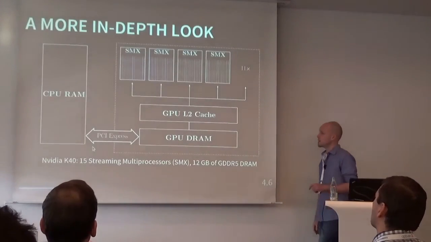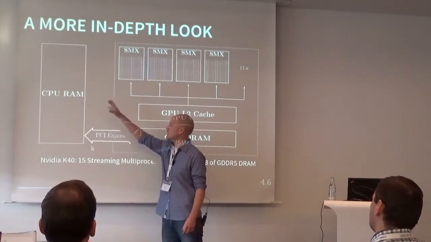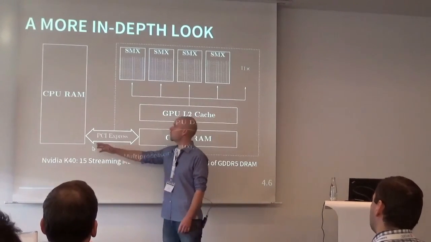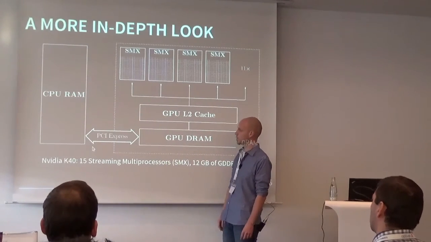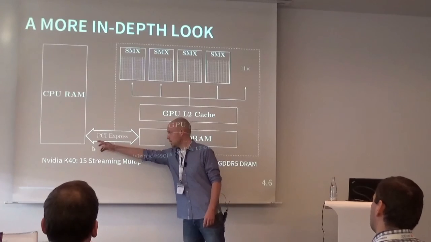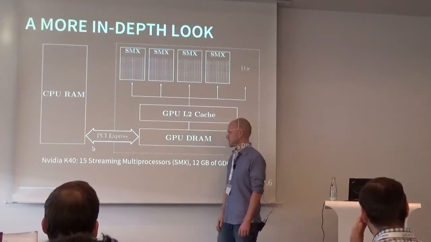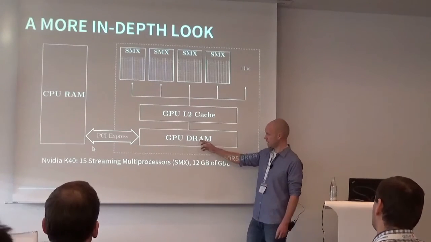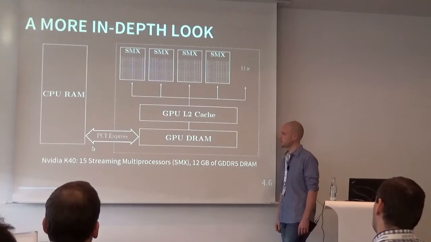All right, so this is how it looks roughly in a sketch. Let's say on the left-hand side, you have CPU land. Somewhere there's memory. And if you want to execute a program on a GPU, you have to communicate today via the PCI Express. And then your program and the data land in the device memory.